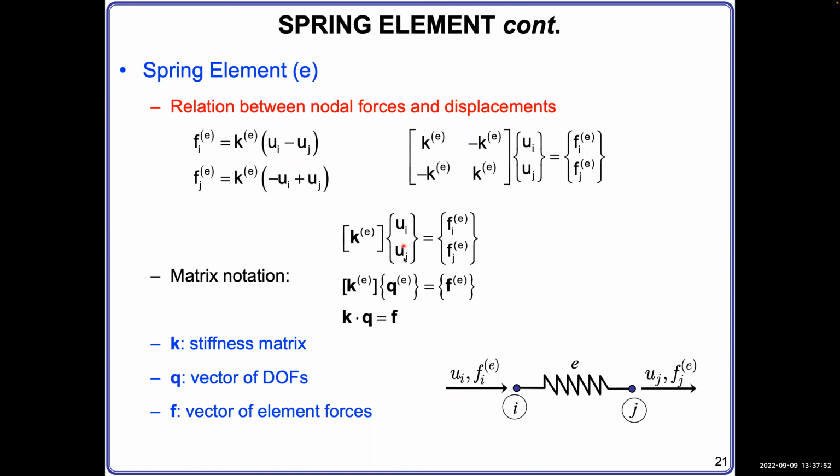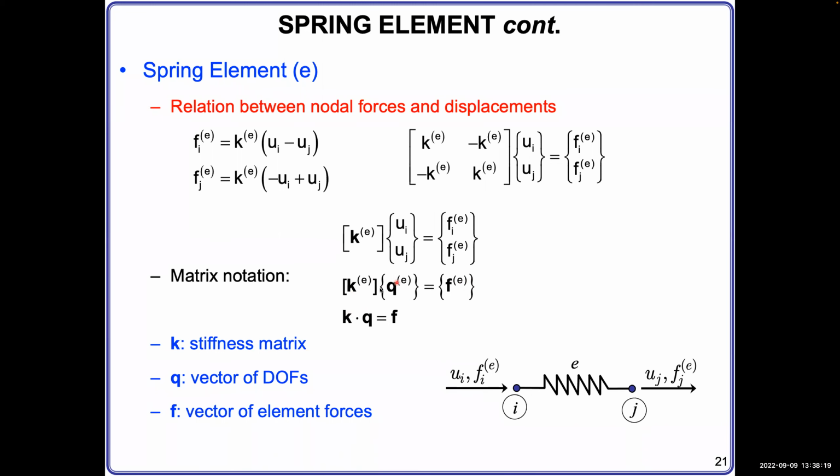The displacement vector can be written as a vector Q, and the force vector as bold F, with superscript e. This means that for element e, when it is in equilibrium, its displacement, its own stiffness and force form this kind of relationship.